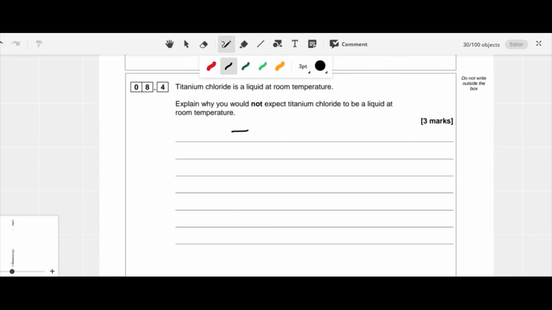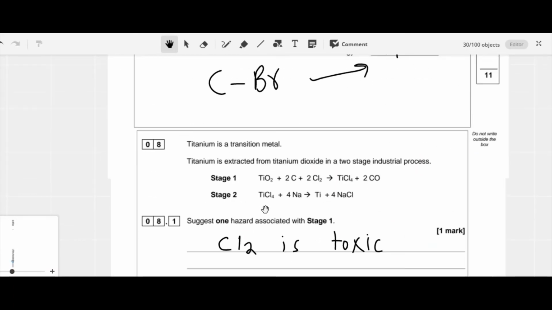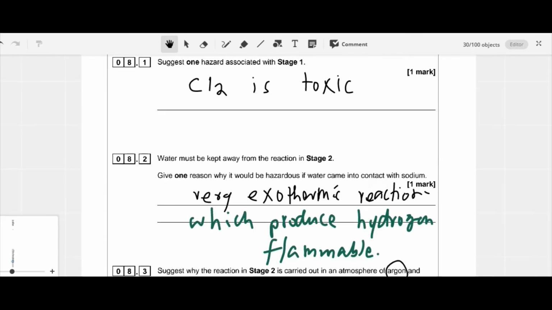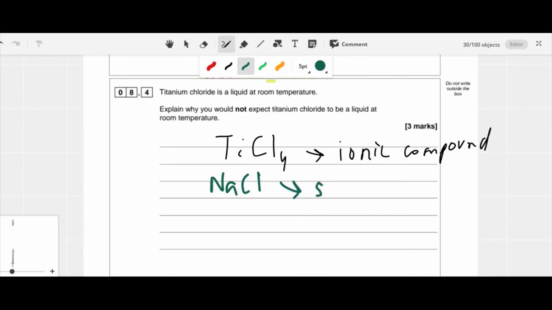Because we know that titanium chloride, TiCl4, is actually an ionic compound, and most ionic compounds, as we have already seen in previous questions like NaCl, are solid at room temperature.